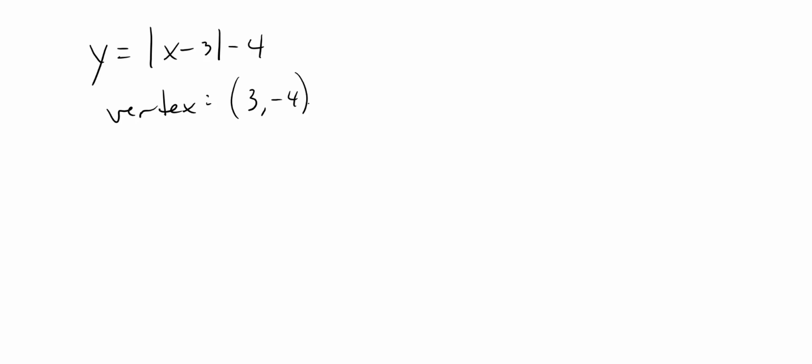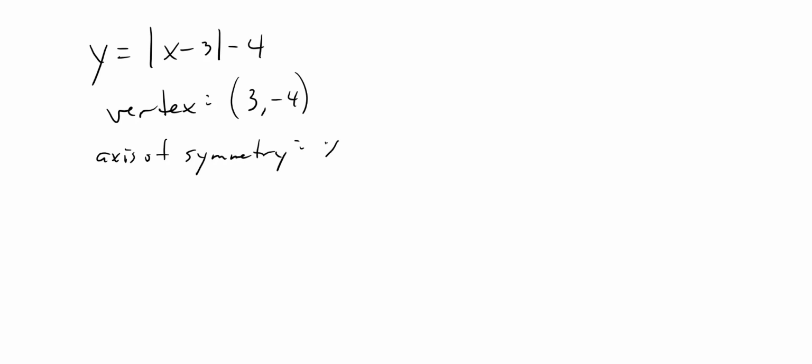Okay, so let's do y is equal to absolute value of x minus 3 minus 4. The first thing you're going to do is the vertex, which is the opposite of that value: positive 3 comma negative 4. Pretty easy, right? Then the axis of symmetry, which is really easy.